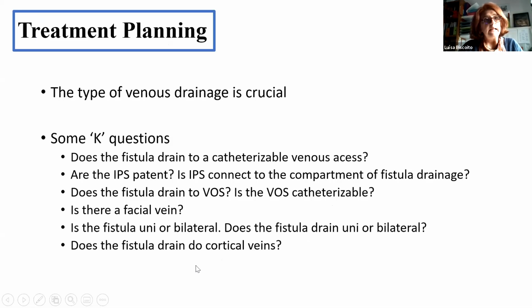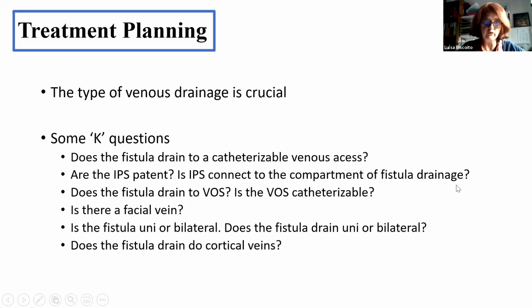So, for treatment planning, what we detect is the type of venous drainage. And we have to ask some key questions. Does the fistula drain to a catheterizable venous access? Is the IPS patent? Is the IPS connected to the compartment of fistula drainage?